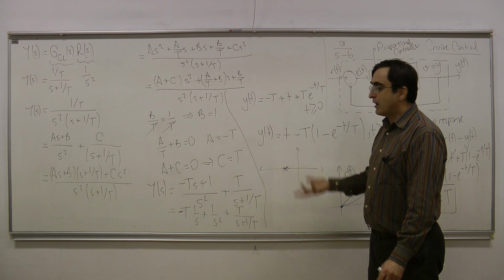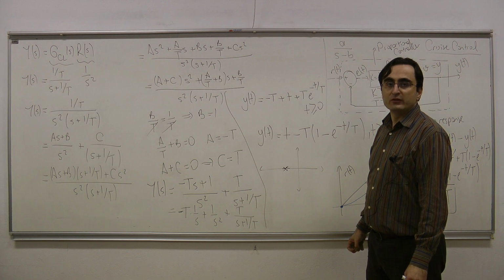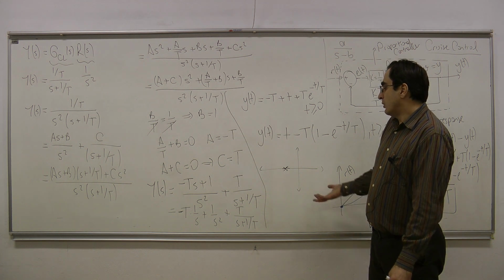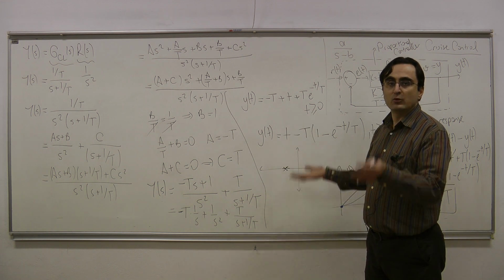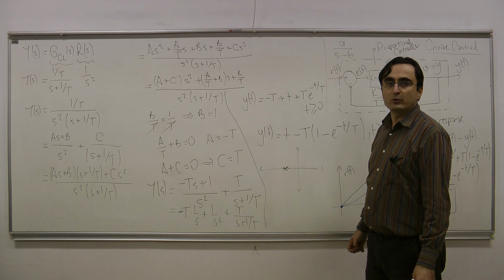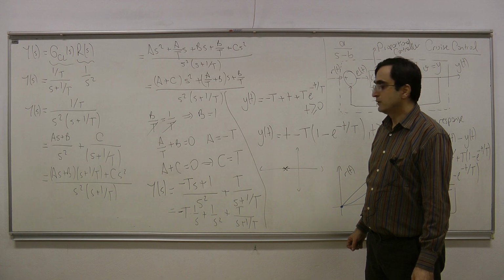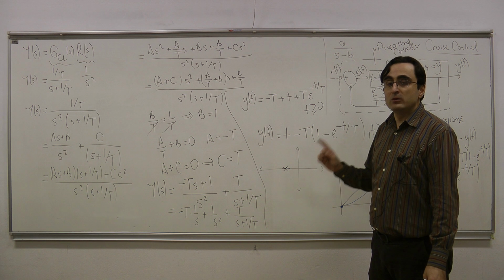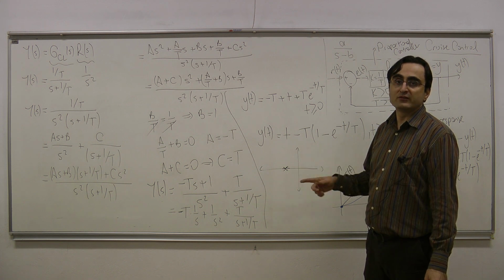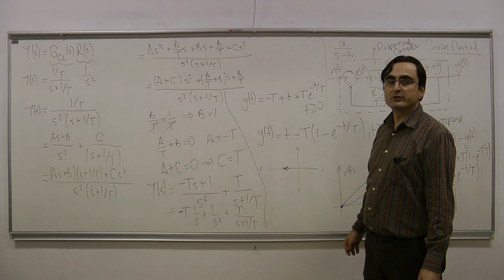Okay? That is why we didn't see any oscillations for this system. So what is necessary for a system to result in oscillations in their step response or in their ramp response? We need to have complex poles, okay? And this can only happen with second order systems or higher order systems.